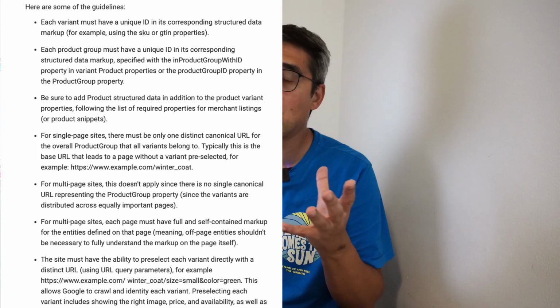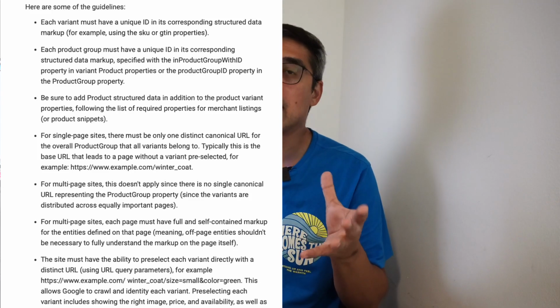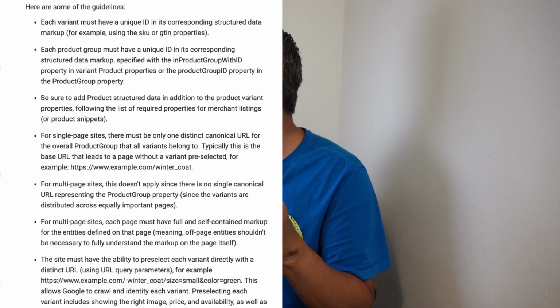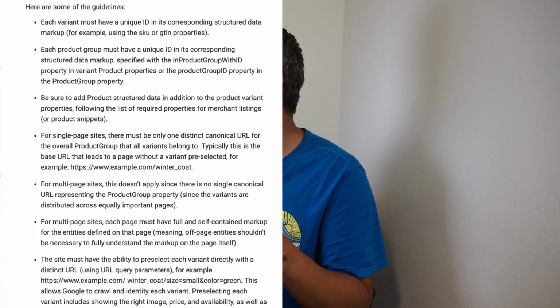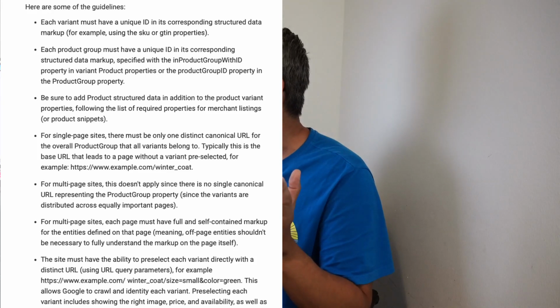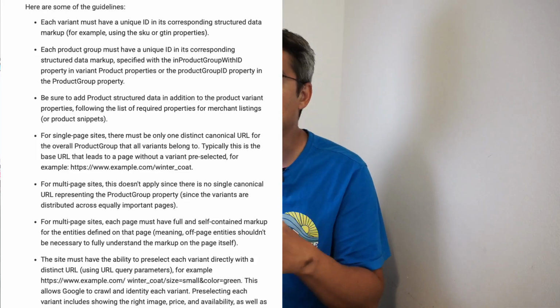So these are mainly going to be presented as nested products. Then for a single page site, there must be only one distinct canonical URL for the overall product group that all variants belong to. Typically, this is the base URL that leads to a page without a variant pre-selected. For example, you can read this on the screen. There are quite a few other guidelines over here.